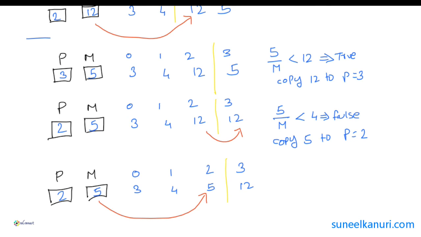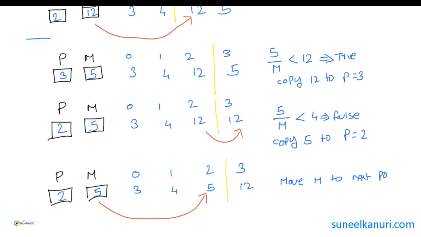If our unsorted element is greater than the element at position P minus 1, we found the location where we want to insert our unsorted element, which is obviously P.